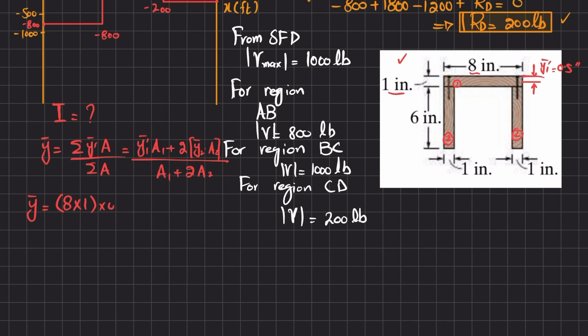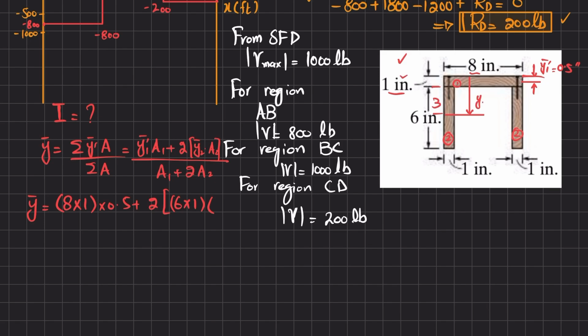So multiply by 0.5 plus 2. Now what is y2? This area A2 is 6 by 1 inch, so 6 by 1 into y2. What is y2? The mid of A2 from the top is 3. Basically this distance is 3 inch plus 1, which is 4.